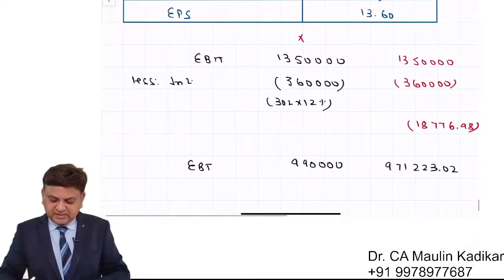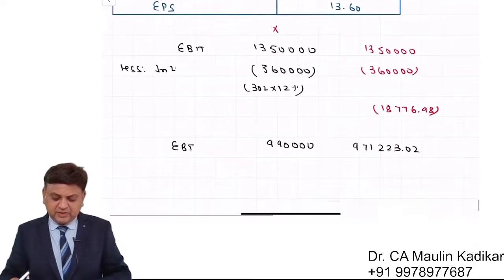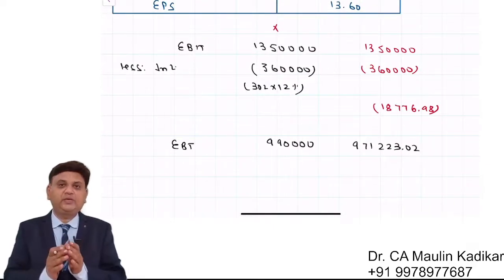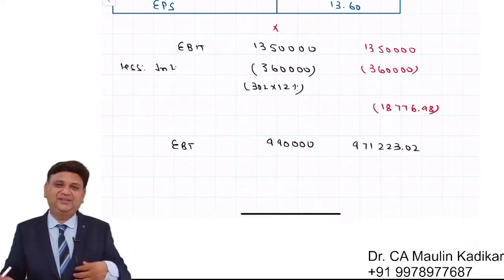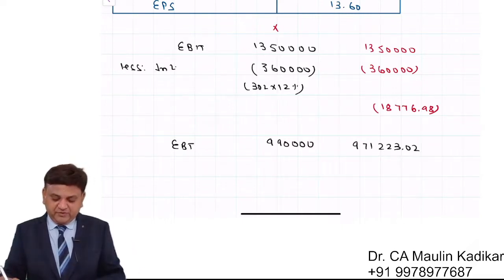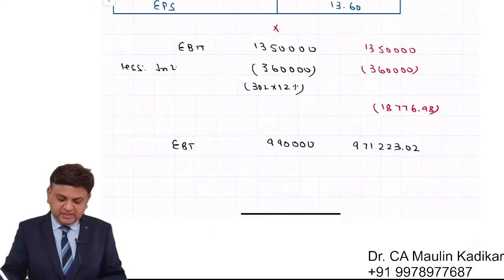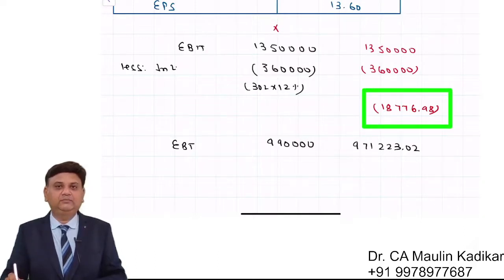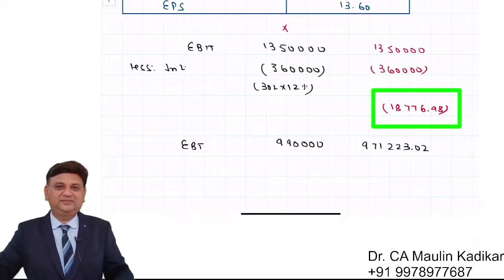This interest information is not given to us in the question, but it is provided to us indirectly. That is what we understand, so accordingly we are required to calculate the answer.